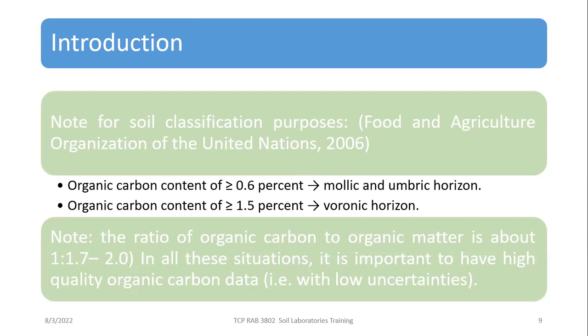There is a very important point: normally the ratio of organic carbon to organic matter is about 1 to 1.722. In most literature, people use 1.72 to convert organic carbon to organic matter, by multiplying the organic carbon by 1.72 in general.